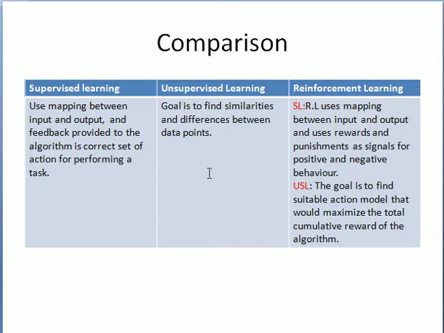In reinforcement learning, the goal is to find a suitable action model that would maximize the total cumulative reward of the algorithm. So at the end, the reinforcement learning achieves the goal either by having the signal of positive or negative behaviors, or using the data, okay, cumulative reward of the algorithm.